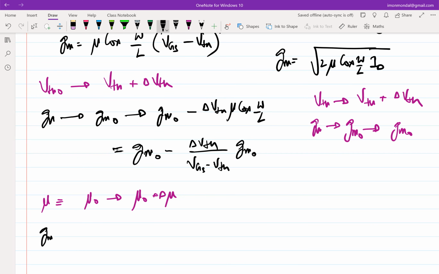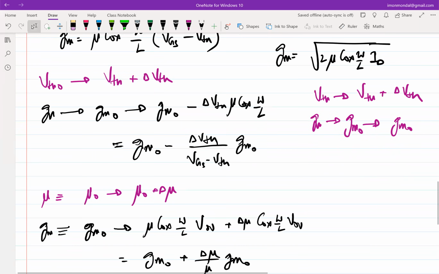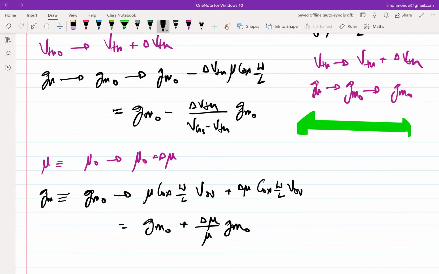GM goes from GM naught to mu Cox W over L overdrive plus delta mu Cox W over L overdrive, which is GM naught plus delta mu by mu GM naught. Now we can do the same thing for the constant current bias case. So let me squeeze this in.